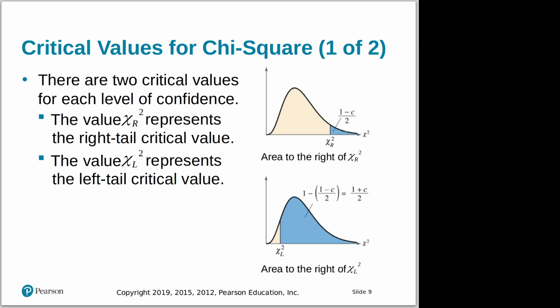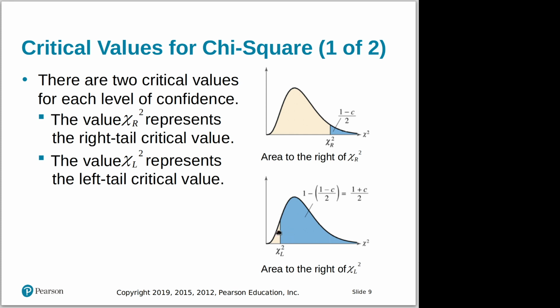But let's look at this. Again, this is a drawing issue here. There are 2 critical values. Notice it's a chi-squared right value, and that's 1 minus the critical value divided by 2 gives you the area on that side of it.